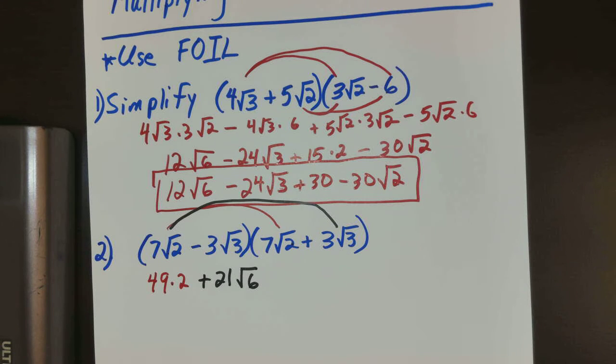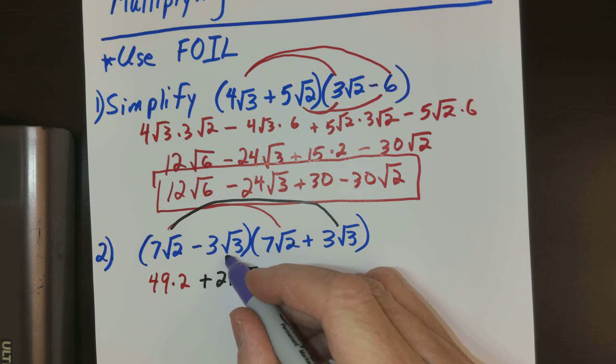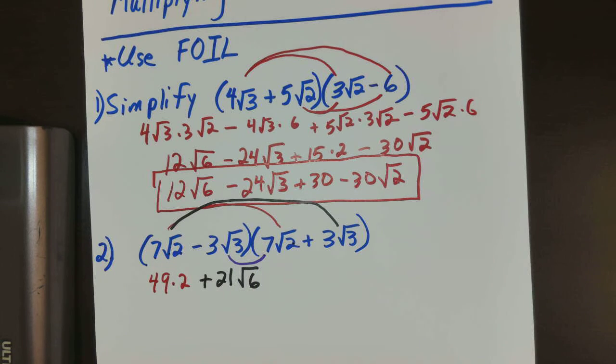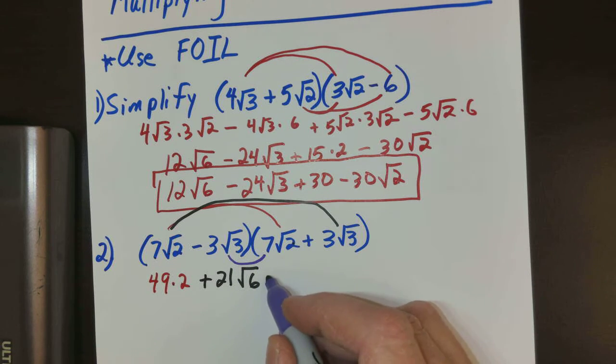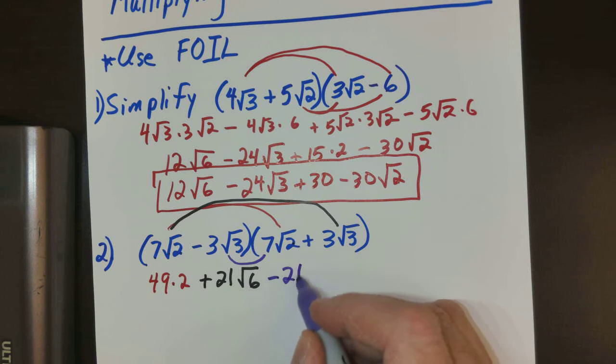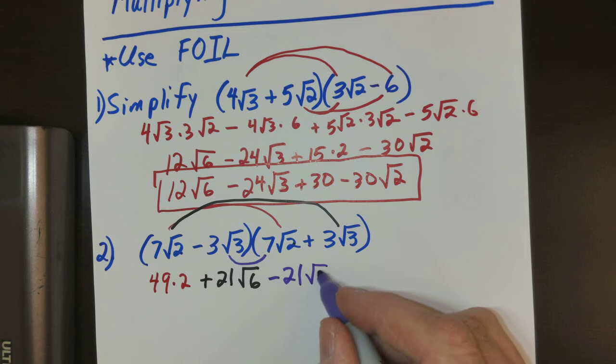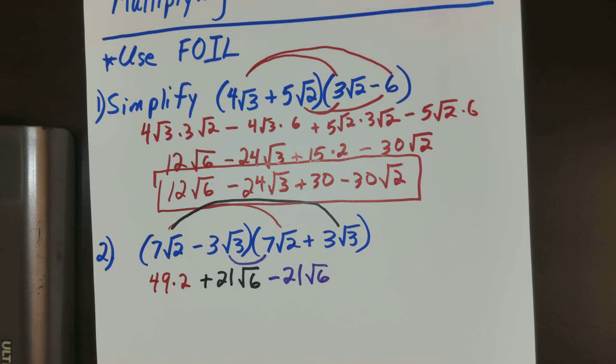Do purple here. Negative 3 radical 3, this is the inside part, times 7 radical 2 is negative 21. Square root of 3 times square root of 2 is square root of 6.